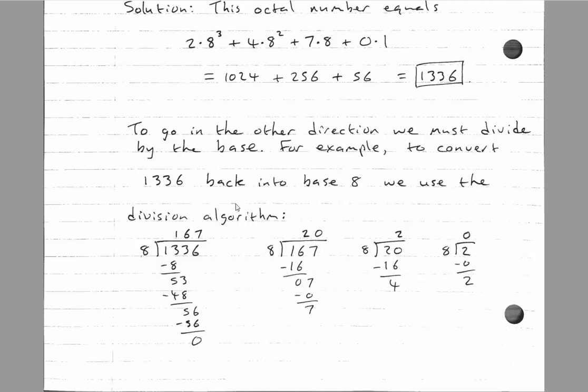We're just using the division algorithm, looking for quotients and remainders. So take the number we want to convert and divide it by the base, divide by 8. Just doing it by hand here. So here's the quotient, 167. Here's the remainder.